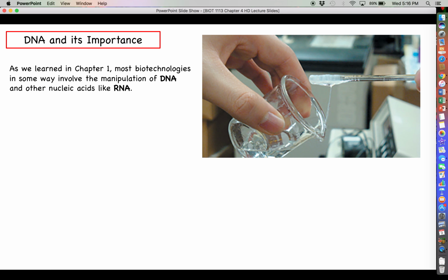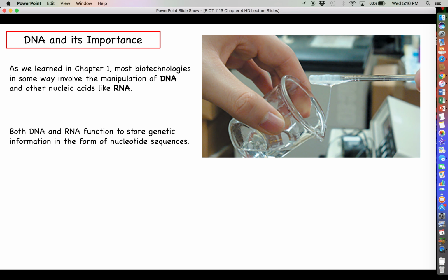Like I said, we learned back in chapter 1 that most biotechnology applications are in some way going to manipulate DNA and other nucleic acids like RNA. It's the engine that makes everything go. So we need to make sure that we do our due diligence in understanding what both DNA and RNA are all about. And obviously, they are both functioning as means of storing genetic information in the form of nucleotide sequences.